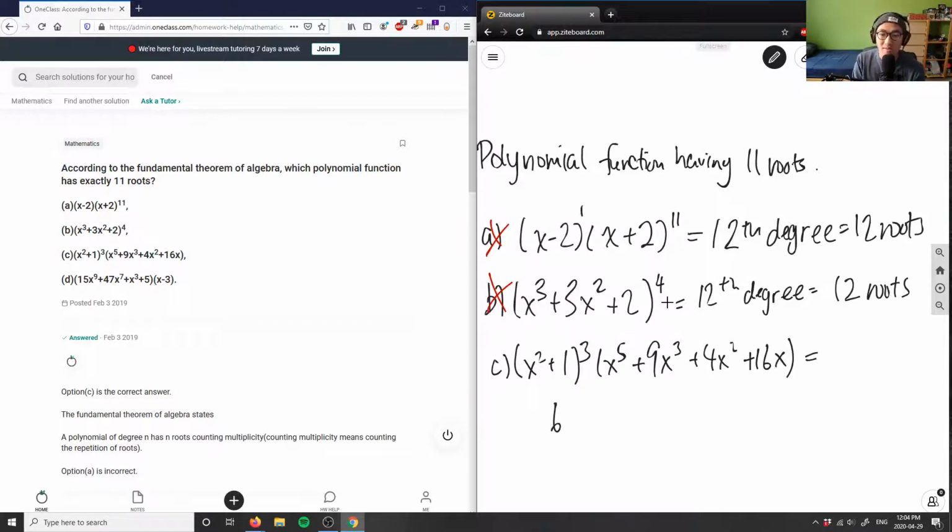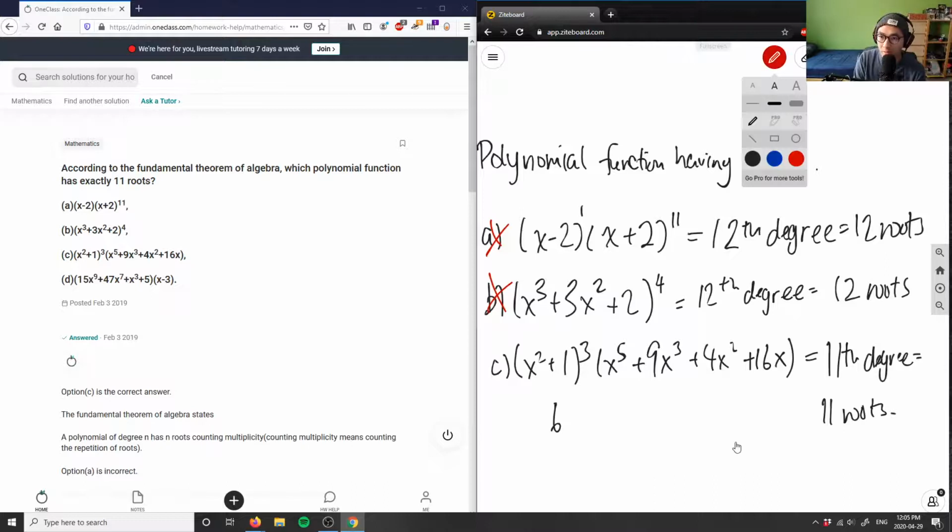Then, multiplying this by a quintic function, something to the power of 5, I add exponents: 5 plus 6 gives me the 11th degree, which equals 11 roots. So C here is our correct answer.